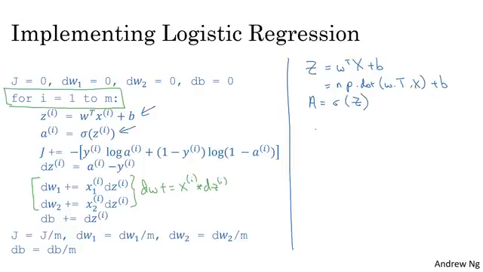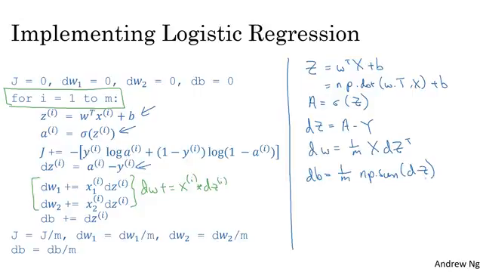Next, on the previous slide, we said you would compute dZ equals capital A minus capital Y. So now you've computed all of this for all the values of i. Then finally, dw equals 1 over m times X dZ transpose, and db equals 1 over m of np.sum of dZ.